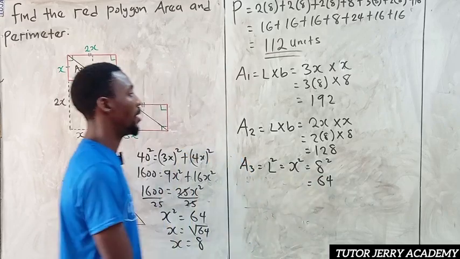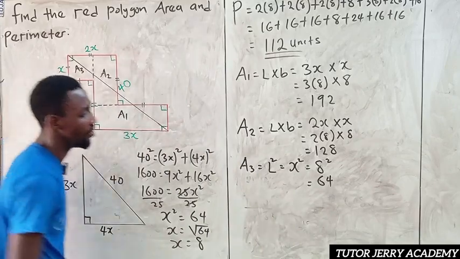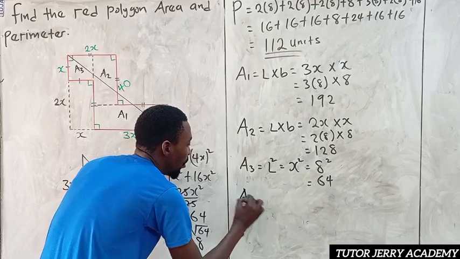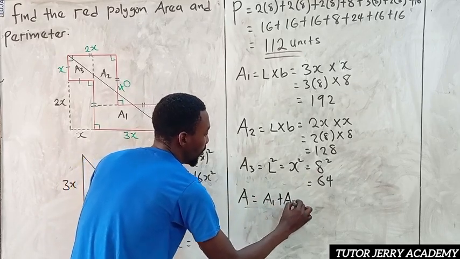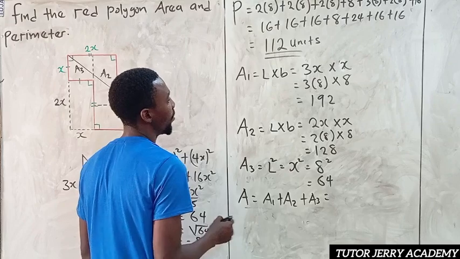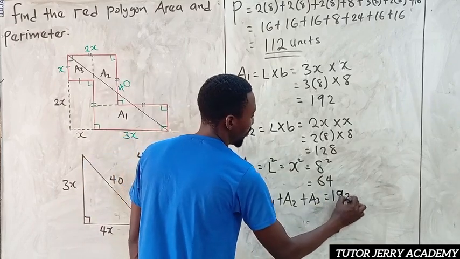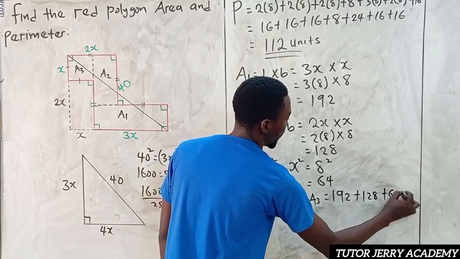All right. So now we can add everything together to get the area of the shape. So our area will be equal to A1 plus A2 plus A3. What is our A1? Our A1 is 192 plus A2, 128 plus 64.